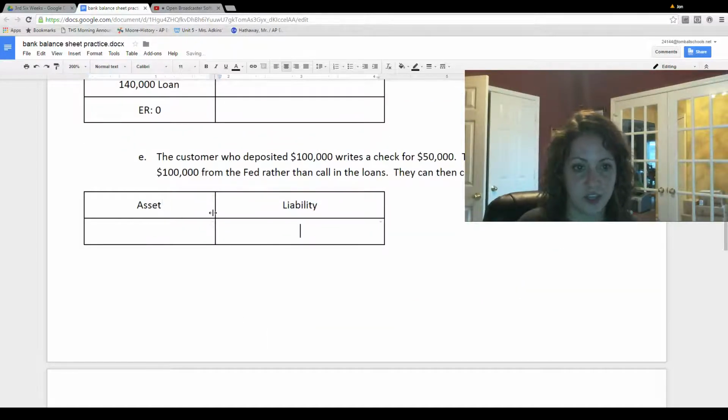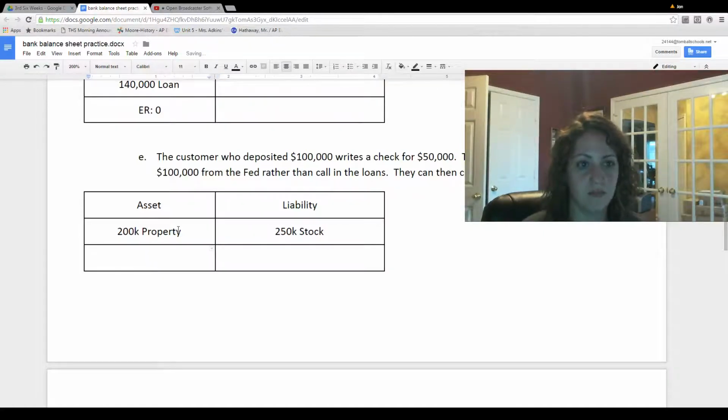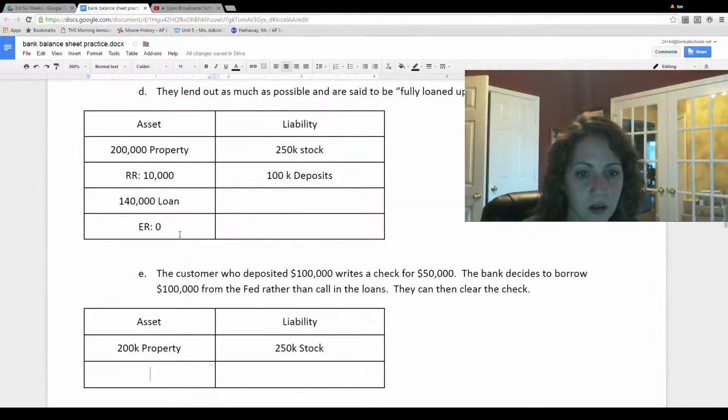What hasn't changed? So property, still $200K property, has not changed. $250,000 of stock, hasn't changed. Oh my gosh, I can't spell stock. Going back, you know what?